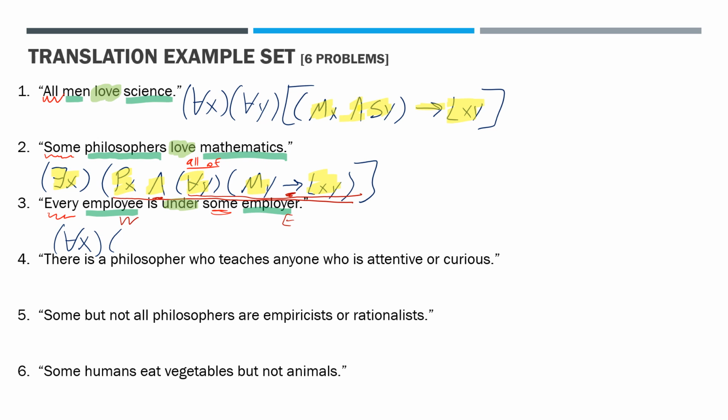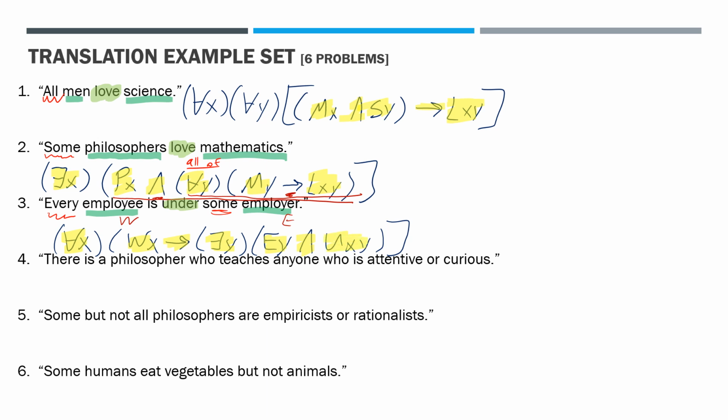Well, that x is an employee. So we'll say Wx arrow. And now comes our existential quantifier. There's this some y. That y is an employer and Uxy. That x is under y. Hence we have for all x, if x is an employee, then there exists some y such that y is an employer, and x is under y.